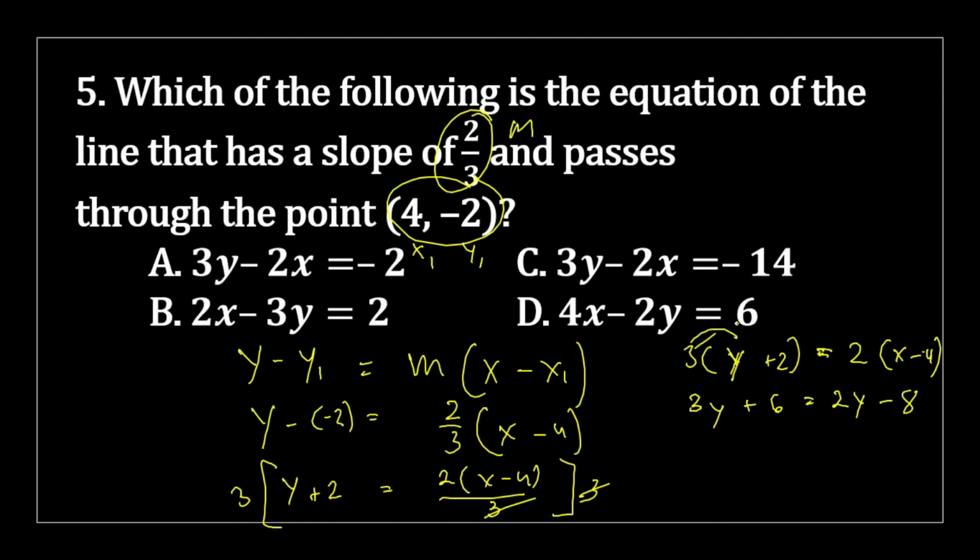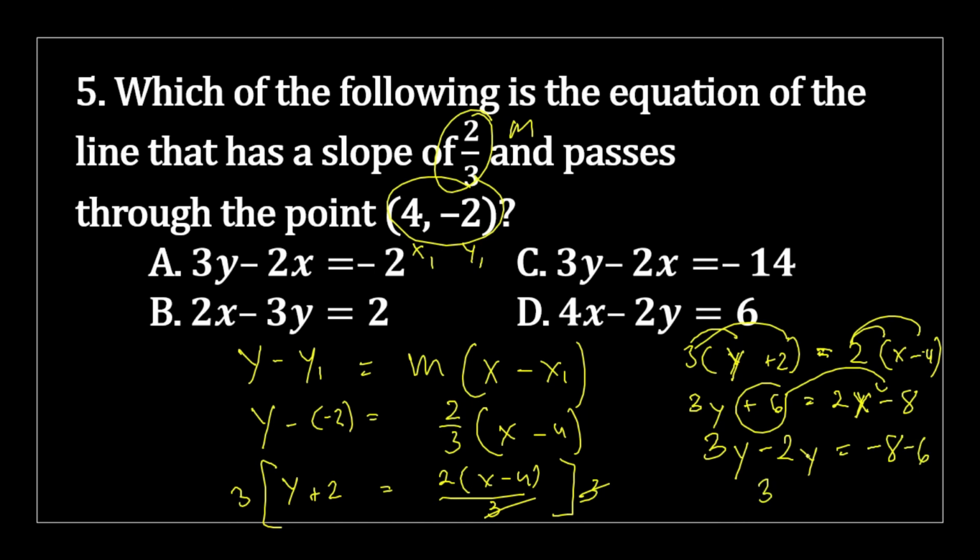So again, I just distribute it. So let's put all the variables on the left hand side. That is 3y minus 2x. And let's put the constant on the right hand side. So we have -8 minus 6.